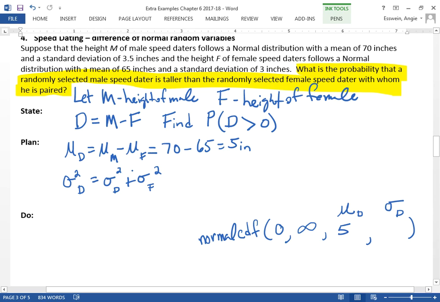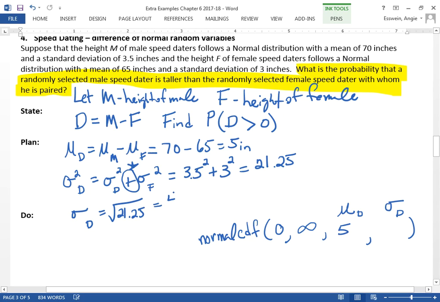Be sure that you make a note that you're adding, not subtracting. Like the Pythagorean theorem, a squared minus b squared equals c squared is not a formula. So the variance is 21.25, but don't forget to take the square root of that, the square root of 21.25.